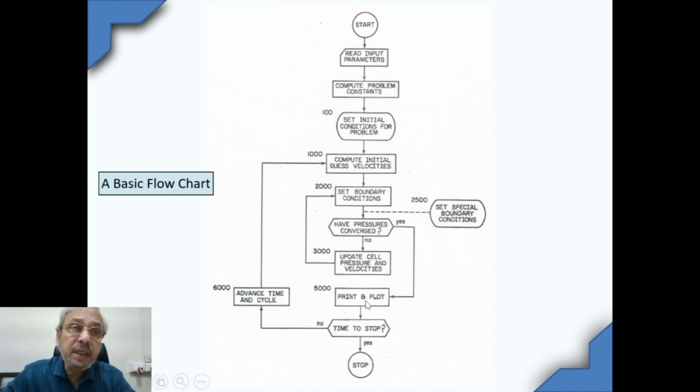We can simply create a data file, store the data in a file and come out. So that is the loop for computation, and this is a basic flow chart.